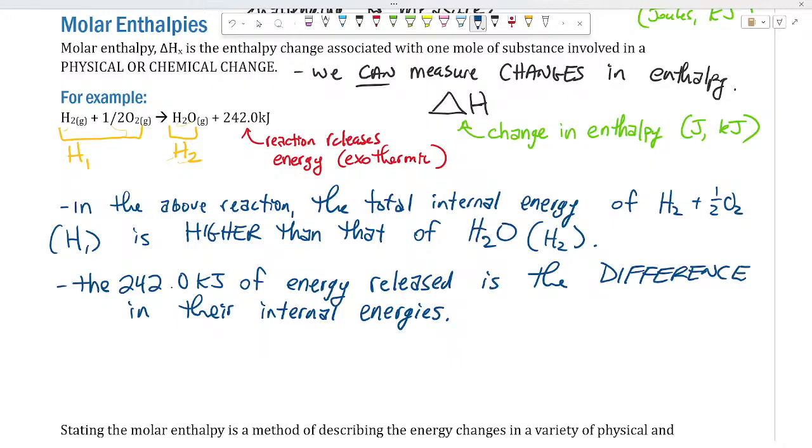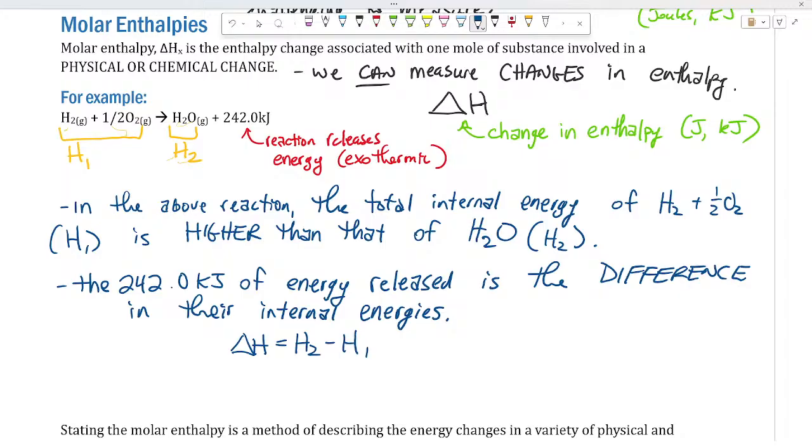In other words, we don't know how big H2 is, and we don't know how big H1 is, but we know that the difference between them must be how much? 242.0. Now, when we go to write this, we could say delta H equals H2 minus H1, right? Does that make sense? That's always how we do a delta, right?